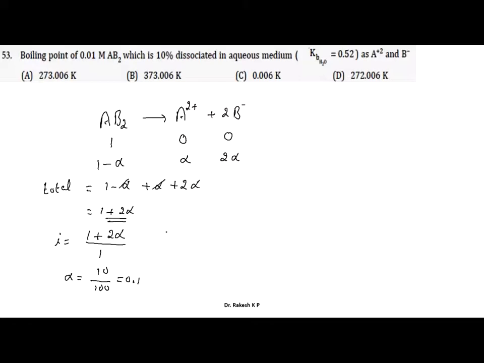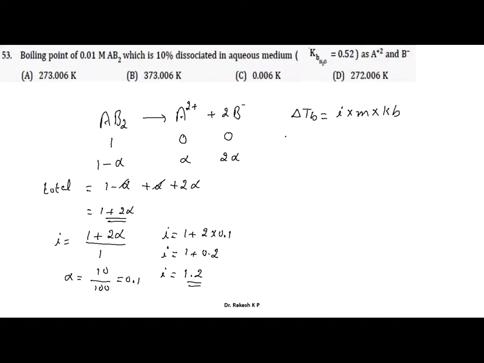Substitute the value here. i is equal to 1 plus 2 into 0.1. If you do the further calculation, we got 0.2, so i is equal to 1.2. Now we have to calculate the boiling point. We know the relation with molality: delta TB is equal to i into m into KB.